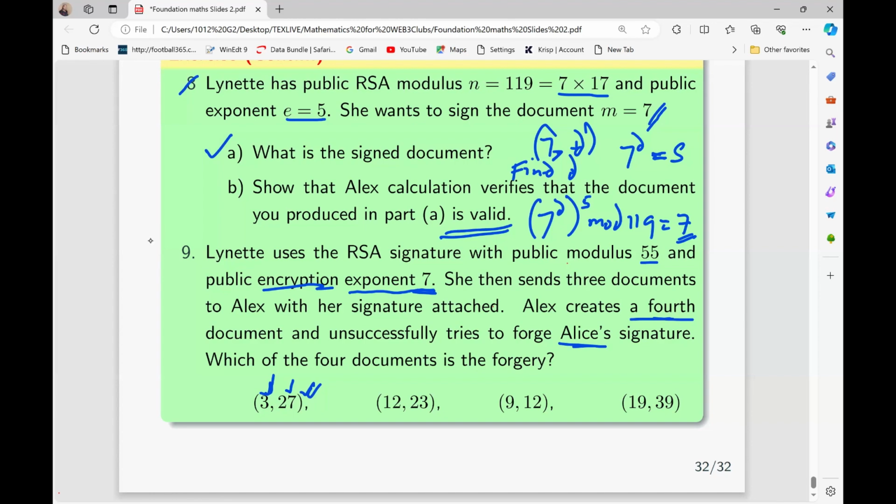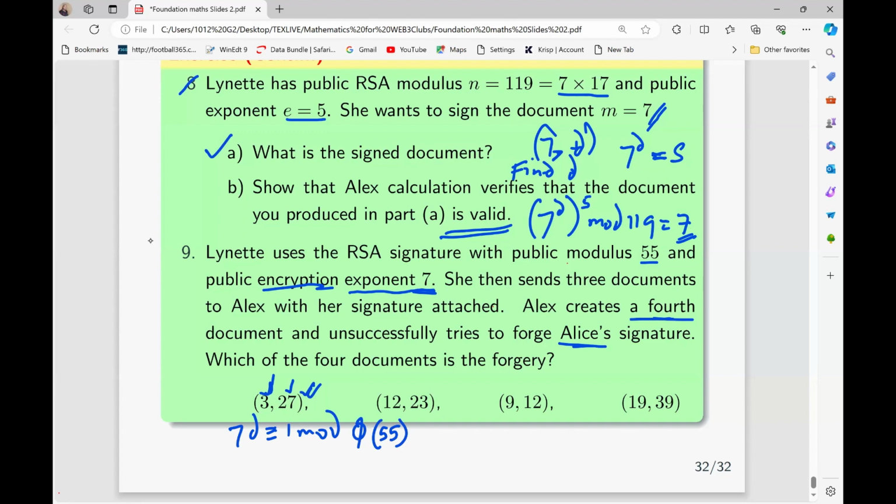I find D. So 7D should be congruent to 1 mod phi of M, phi of 55. Now find what D is, and what is 55?